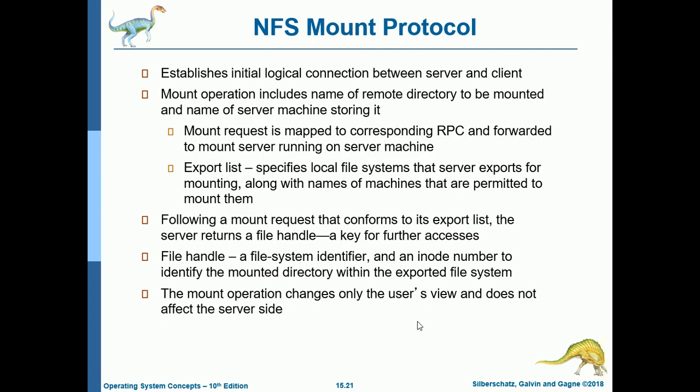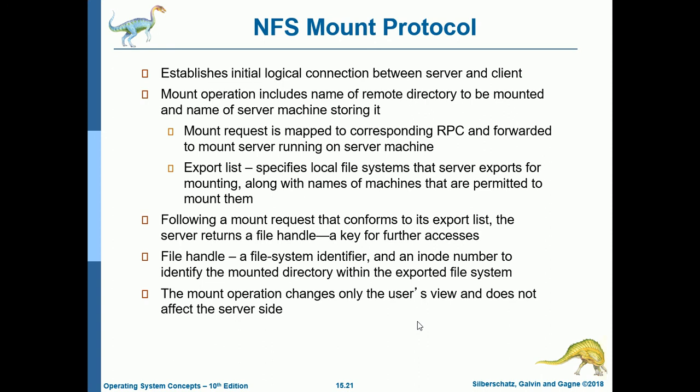Okay, next we have the NFS Mount Protocol. This protocol establishes the initial logical connection between server and client. The mount operation includes the name of the remote directory to be mounted and the name of the server machine storing it. The mount request is mapped to the corresponding RPC and forwarded to the mount server running on the server machine.